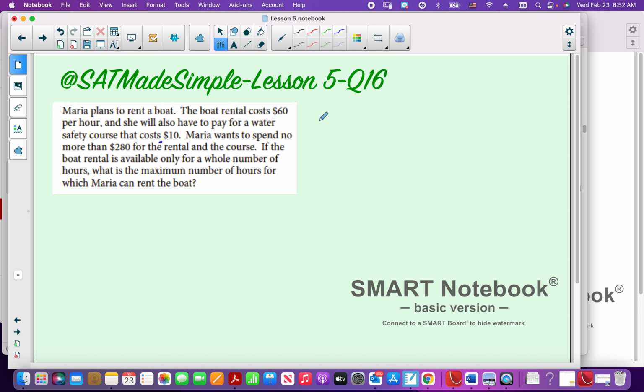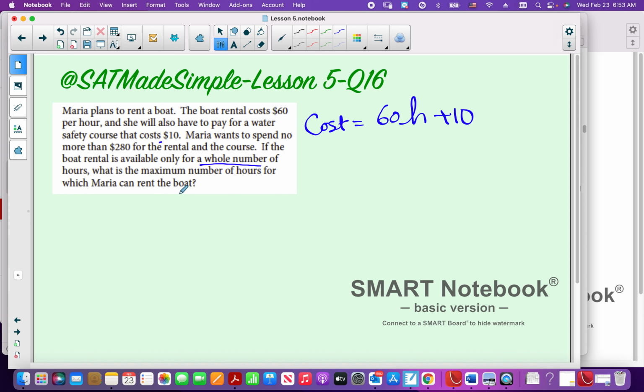So her total cost is equal to 60 times H plus 10. They told us that the boat rental is available only for a whole number of hours. So we cannot rent the boat for 2.5 hours, either 2 hours or 3 hours. So it has to be a whole number.